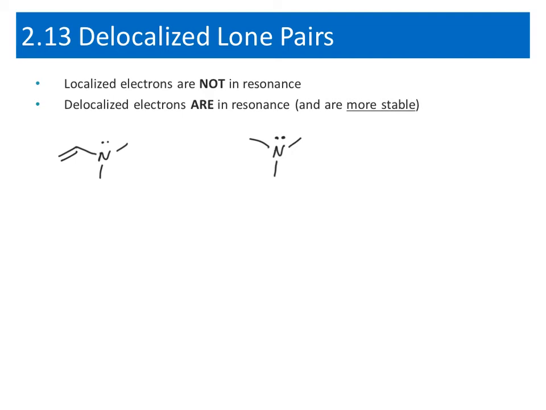There is no pattern here, so we call that lone pair localized electrons. So they are not moving, that's why they are localized. However, in this structure, this lone pair is allylic to double bond, so it can participate in resonance, and we call that delocalized electrons. They can move.